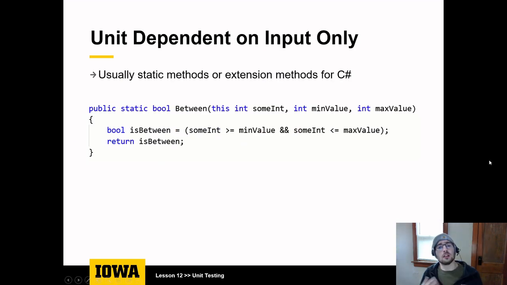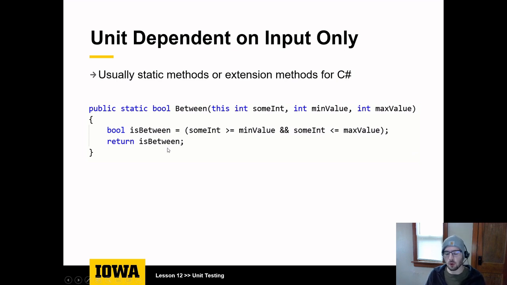Okay, so as I alluded to a few slides ago, not all methods are accessible or called in the same way. We have some methods, or some units, that are dependent on input only. Typically these are your static methods or your extension methods.